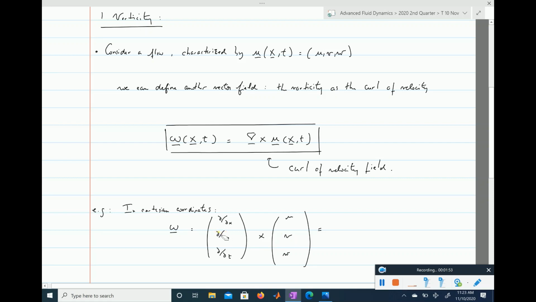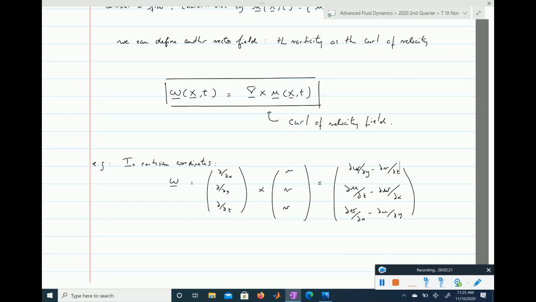The first component will be partial w partial y minus partial v partial z. The second component will be minus partial w partial x plus partial u partial z. And the last component will be partial v partial x minus partial u partial y.